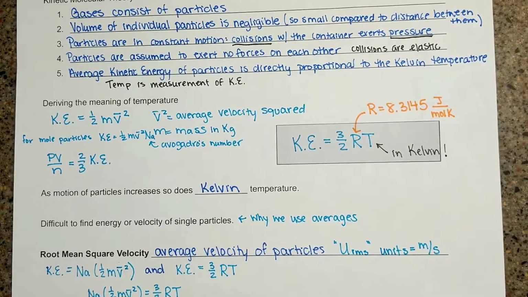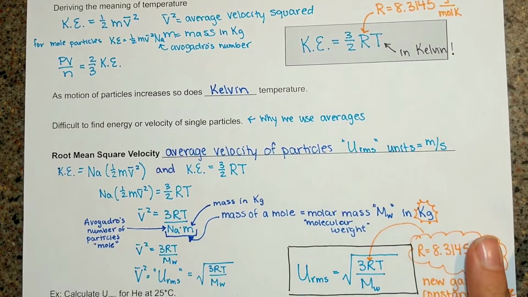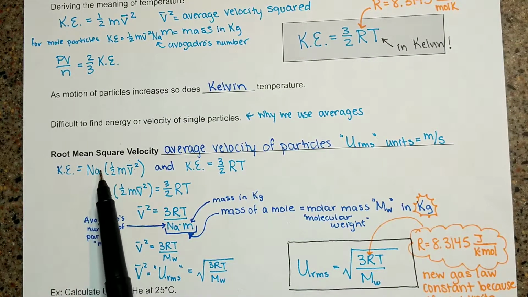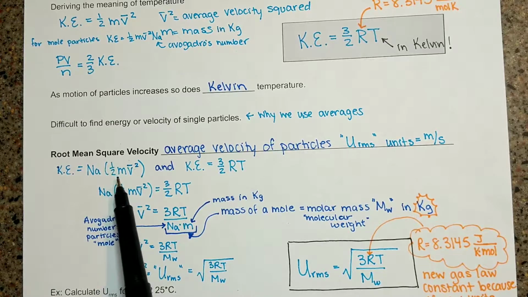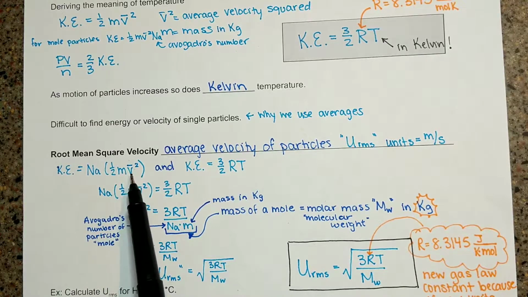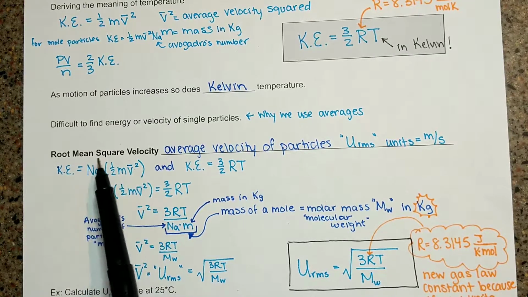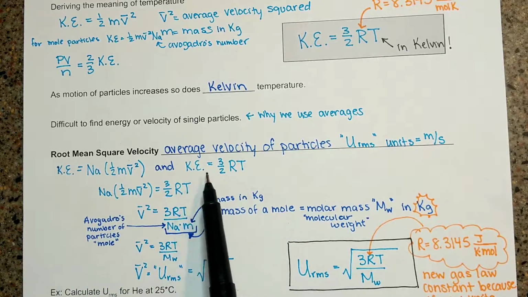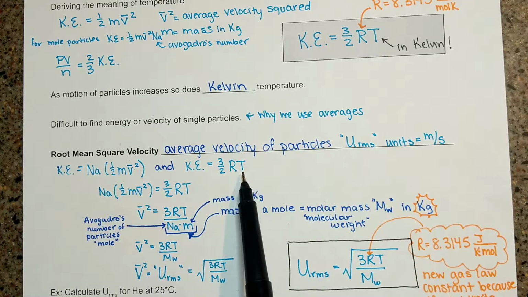So to derive this equation, we have, again, our kinetic energy is equal to Avogadro's number times 1/2 mass times average velocity squared. Remember, because we're looking at the average, so we want a mole of particles. And we know that kinetic energy is equal to 3/2 RT.